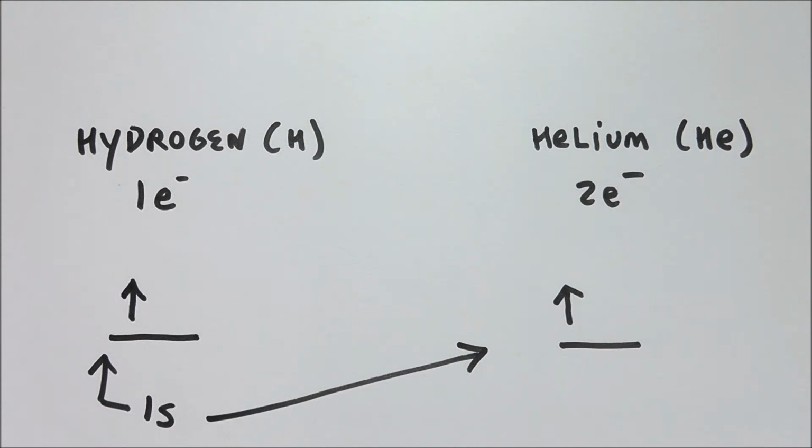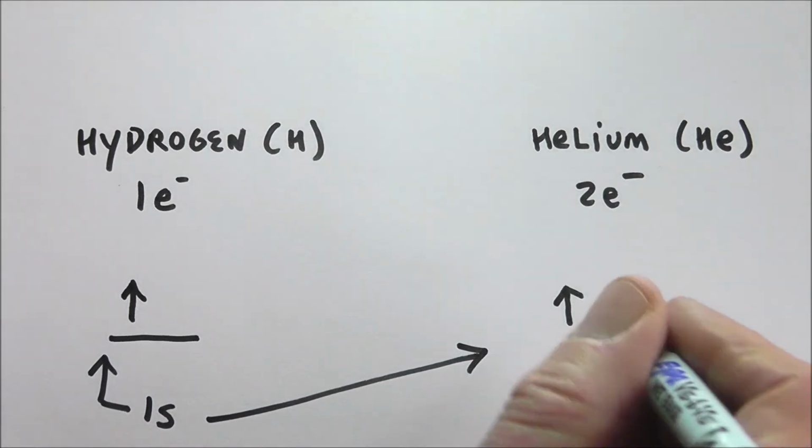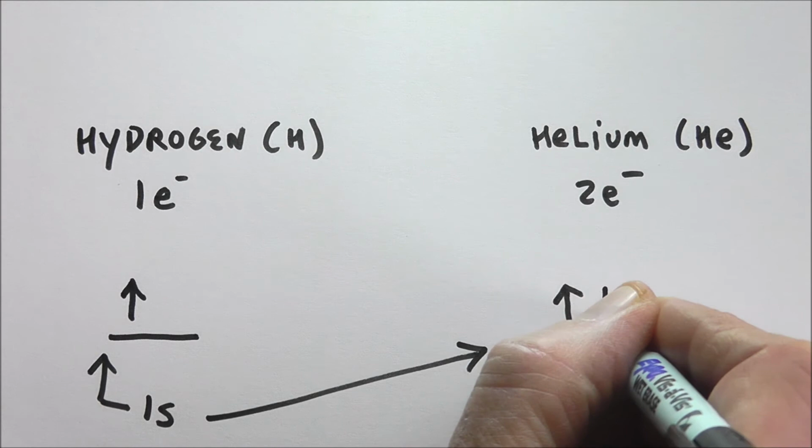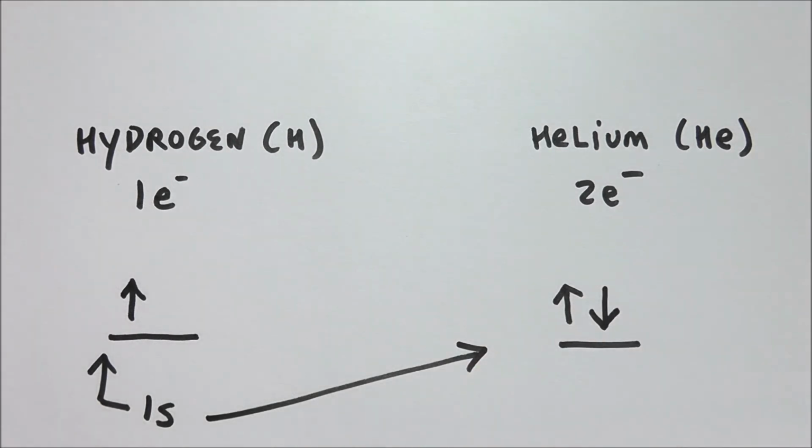It's really what nature does. Folks, you might ask why, and for a lot of this, no one knows. So just accept that the second electron going into that orbital has to have the opposite spin of the other electron.